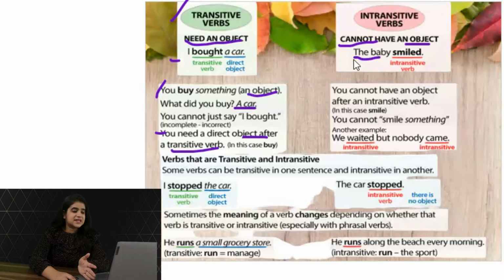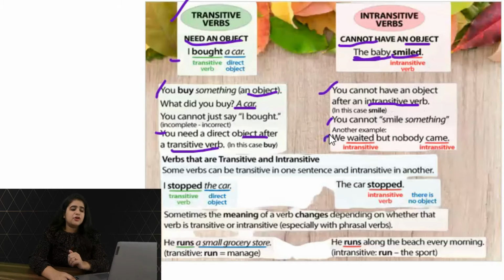So in this sentence, the baby smiled, we do not have any direct object. Still you understand the meaning. So the word smiled over here becomes your intransitive verb. You cannot have an object after an intransitive verb. You cannot smile something for sure.